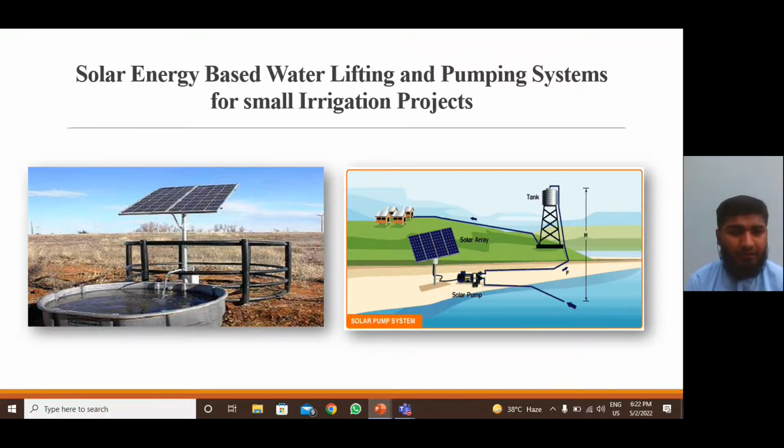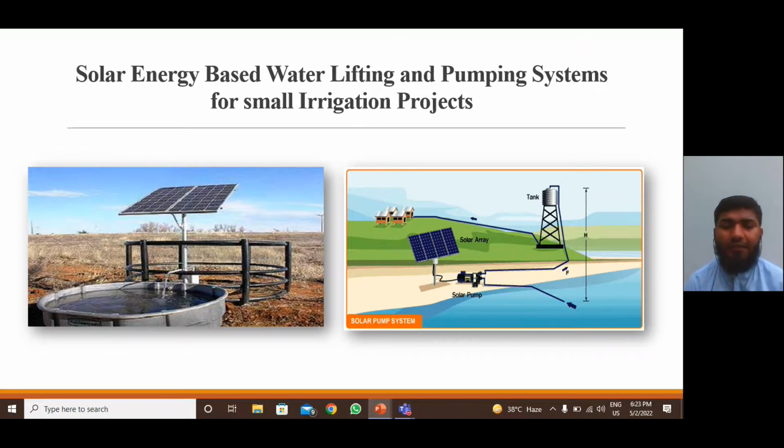The solar plate generates electric current, which is used to run the pump, and the pump extracts water from deep surfaces in desert areas where there are no electric grid stations. These systems are very important in these areas and should be installed to overcome the energy crisis and water requirements.